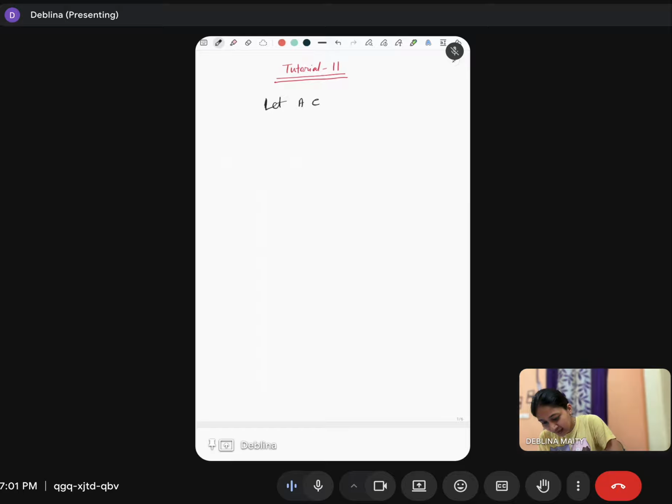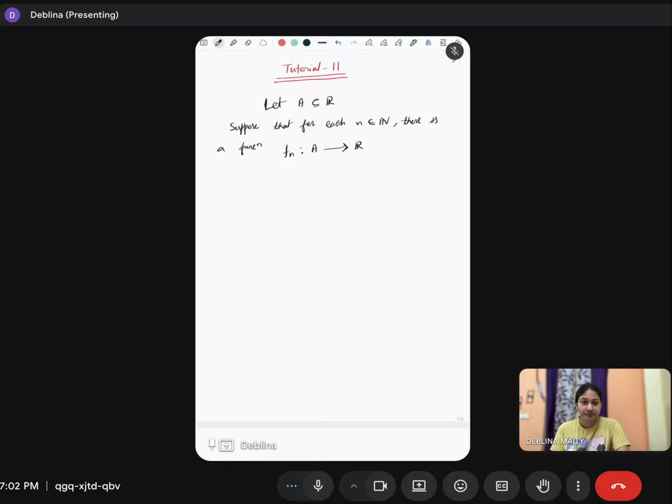So let A be a subset of R and suppose that for each n belongs to the natural numbers, there is a function fn from A to R. Then we say that this fn is a sequence of functions.